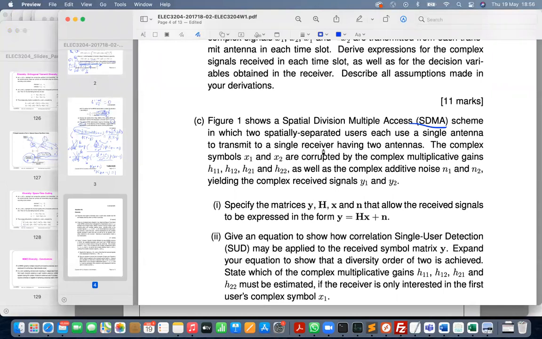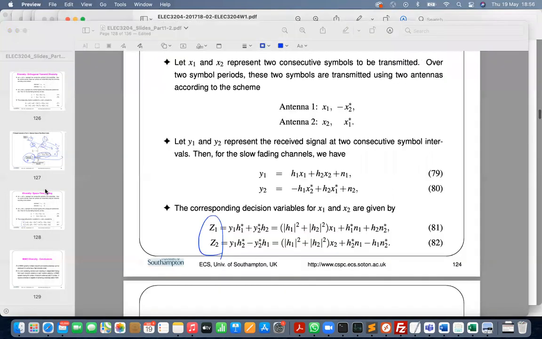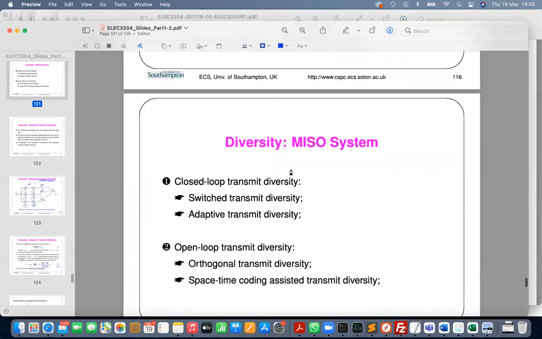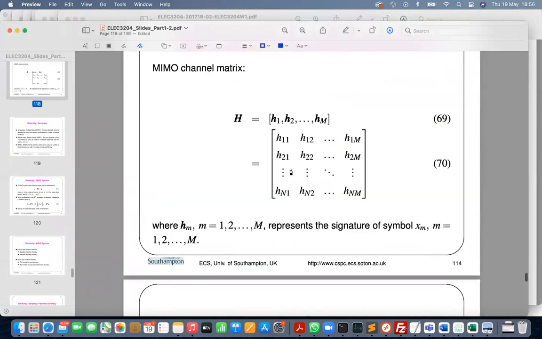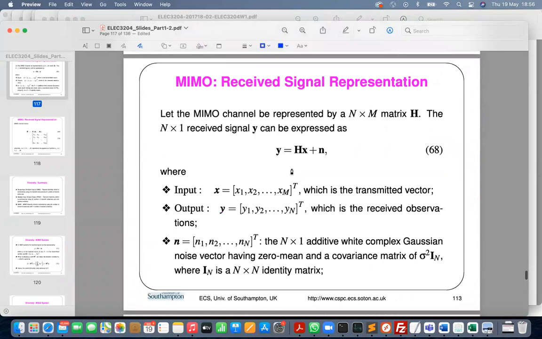Let's see. So this is basically on page 113, I think. So yeah, here, all you need to do is to derive equation 68.